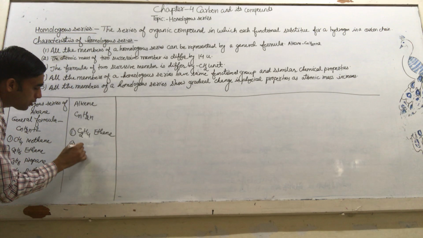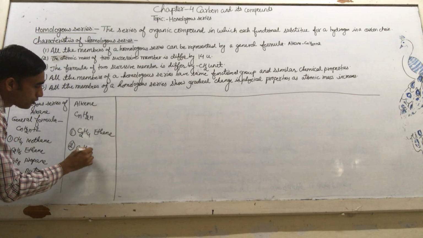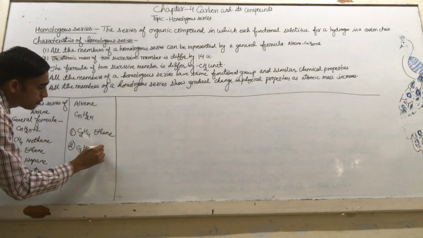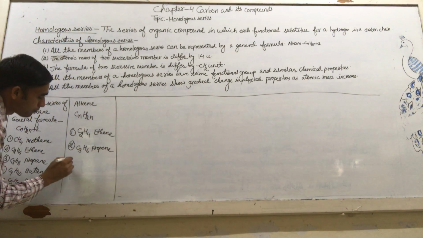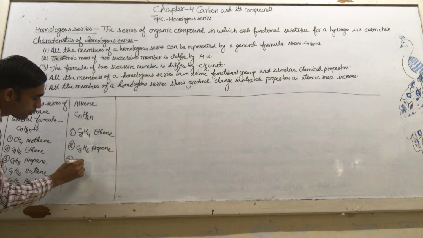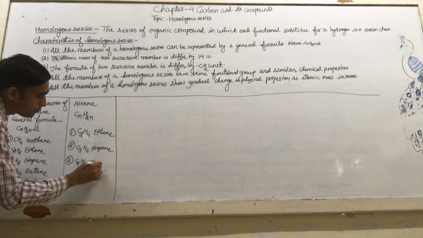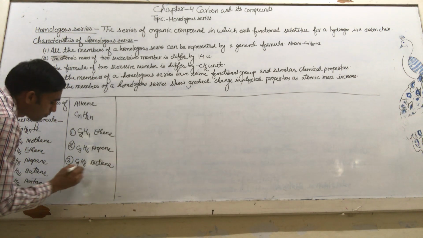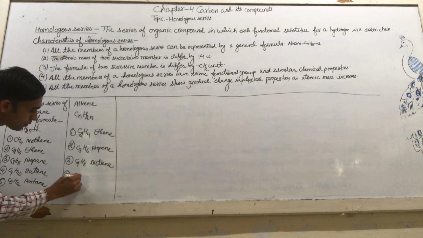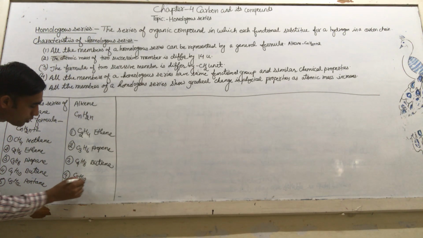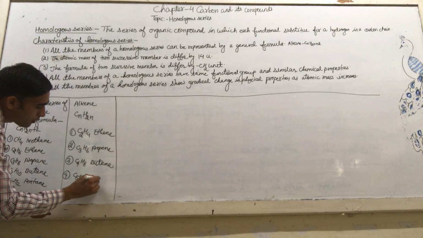The second member is C3H6 propene. The third member is C4H8 butene. The fourth member is C5H10 pentene.